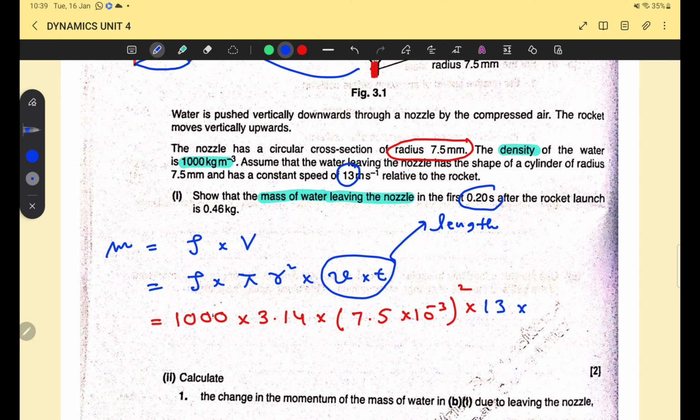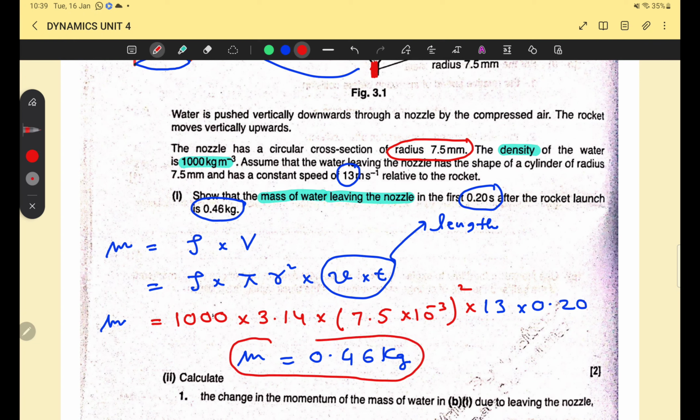Time is 0.20. And when you solve this calculation, the mass of water will be 0.46 kg. Okay.